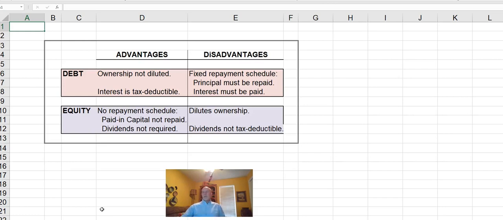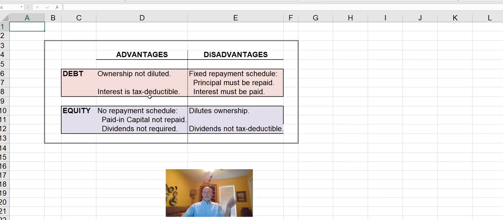One thing I want you to understand too is once we get this money, how does it impact us later in terms of our income? So we're going to look at an example of this, and the key thing has to do with interest on debt being tax deductible.